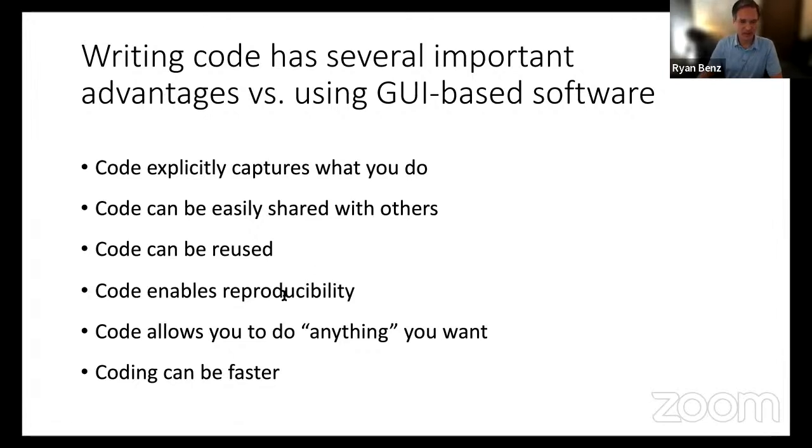Let me touch upon this point here about reproducibility, and that's what Olga mentioned at the beginning. Code enables reproducibility. It also enables you to do anything you want. I put anything in quotes because there's obviously limits, but if you're using a canned software package, and let's think about some of the software packages that are provided by mass spec instrument vendors.